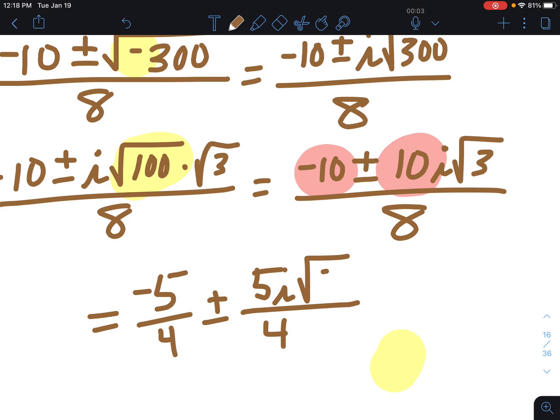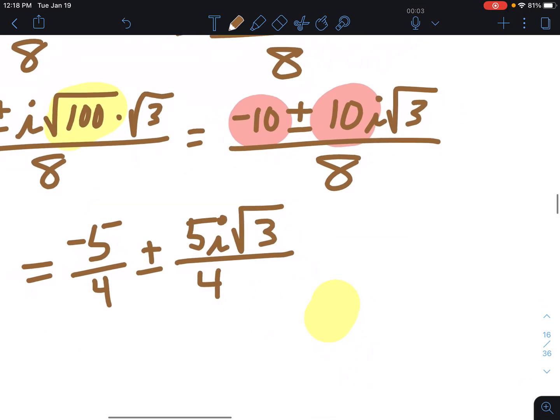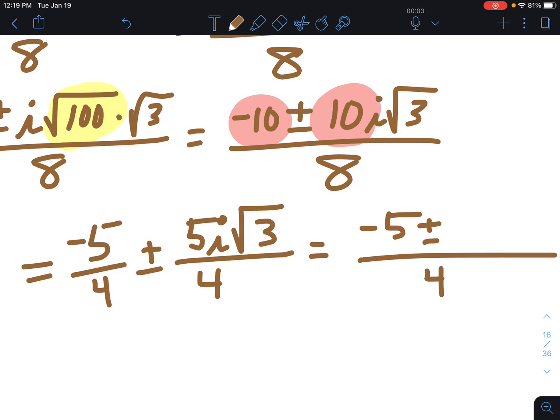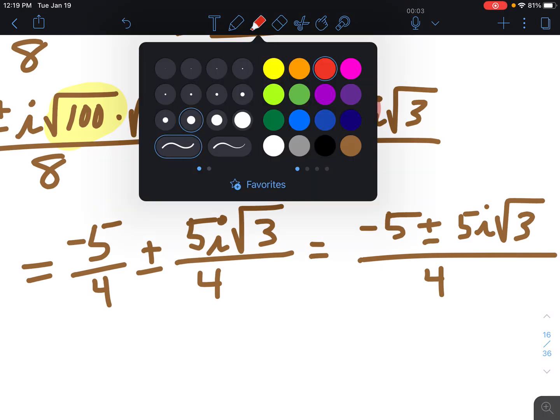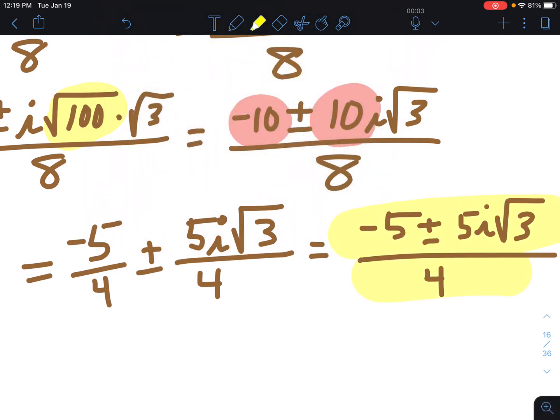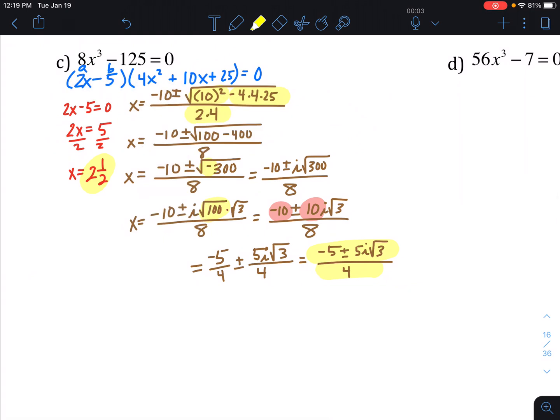Carry over the i root 3. And since they both have a 4 on the bottom, you can put them back together. It would be over 4 on the bottom, negative 5 plus or minus 5i root 3. So there's your other two answers to go with that 2.5.